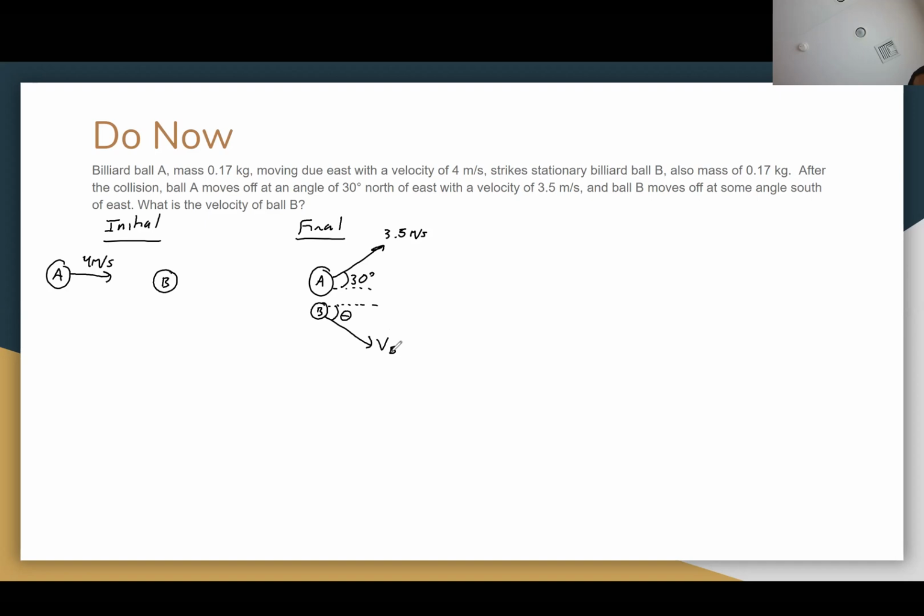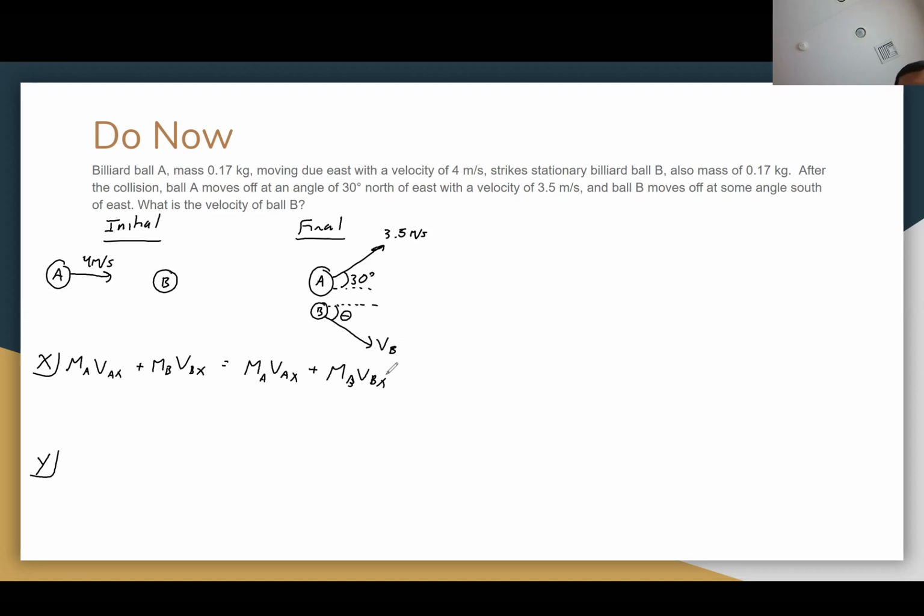As always, we break up our momentum into an x and y equation. So here we have the mass of A times the velocity of A in the x direction plus the mass of B times its velocity in the x direction, and that's going to equal their final momenta in the x direction. Let's plug in the things that we know.